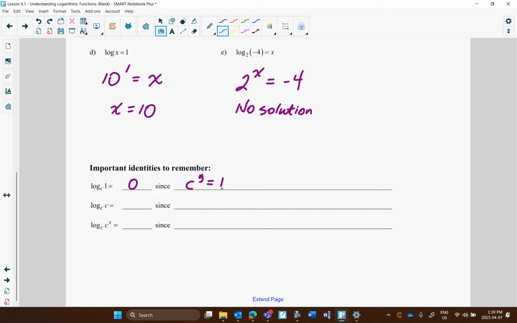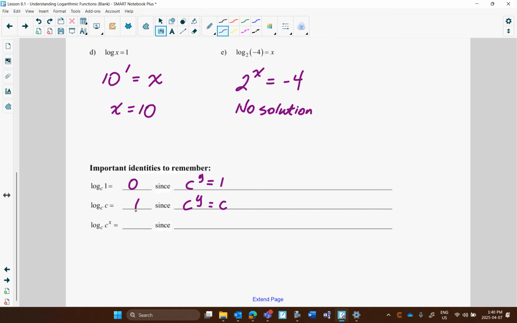What about log base c of c? In other words, c to the what equals c, 1. So whenever the base and the argument, that's the fancy name for it, are the same, it's 1. Whenever the argument is 1, it's 0.